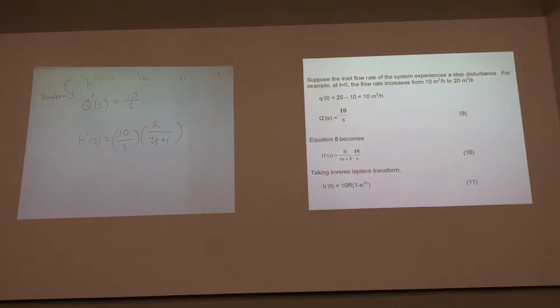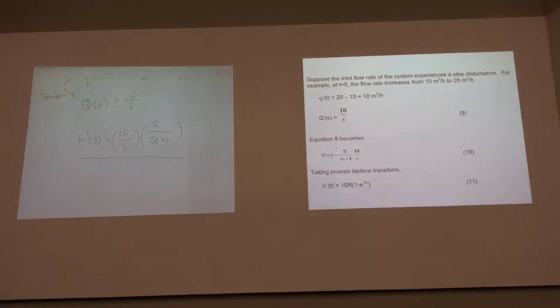Okay, the next thing we need to do is this: we already have the transformed format of my output when I put in my input, H prime S equal to 10 over S times R over tau S plus 1. Now I need to do the inverse. Every time I do the inverse, I must always refer to the table. Which entry in the table is nearest to this format?